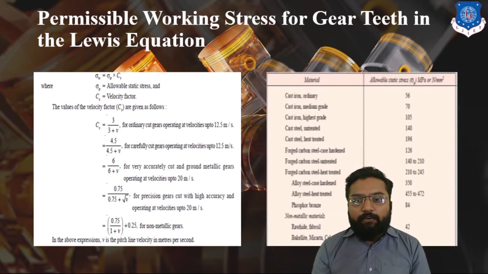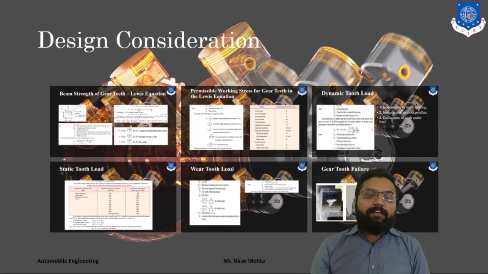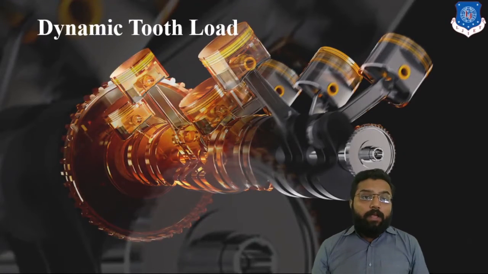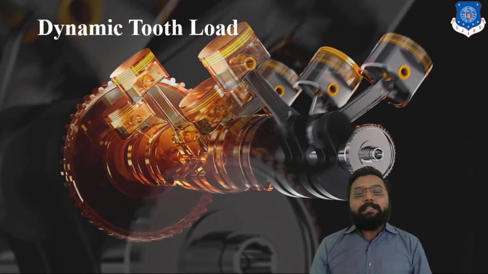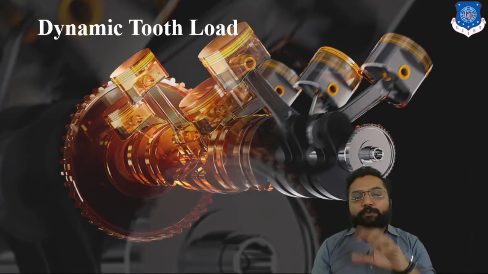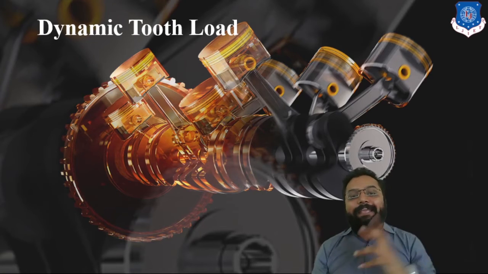Here you can find different allowable stresses for different materials that will be given to you in examples. After that, let's talk about different types of stresses. The first is the allowable stress, which is calculated on paper, or you can say depends purely on your inputs rather than the working condition.